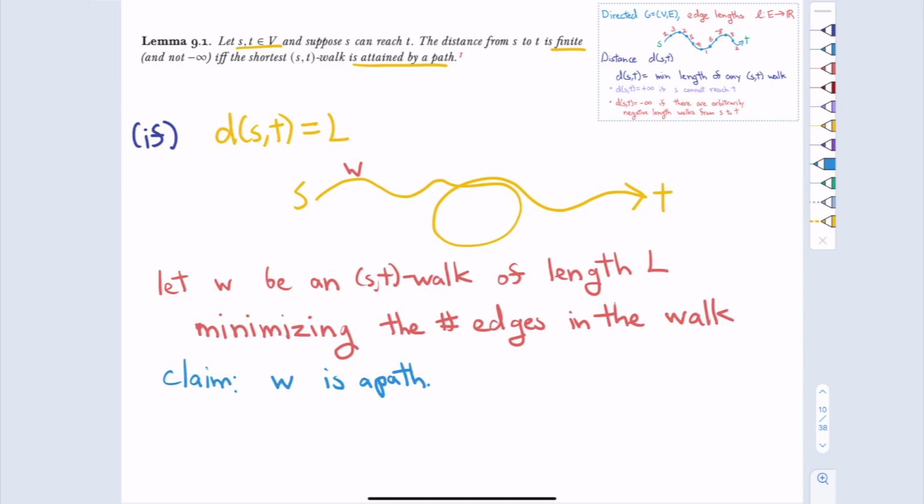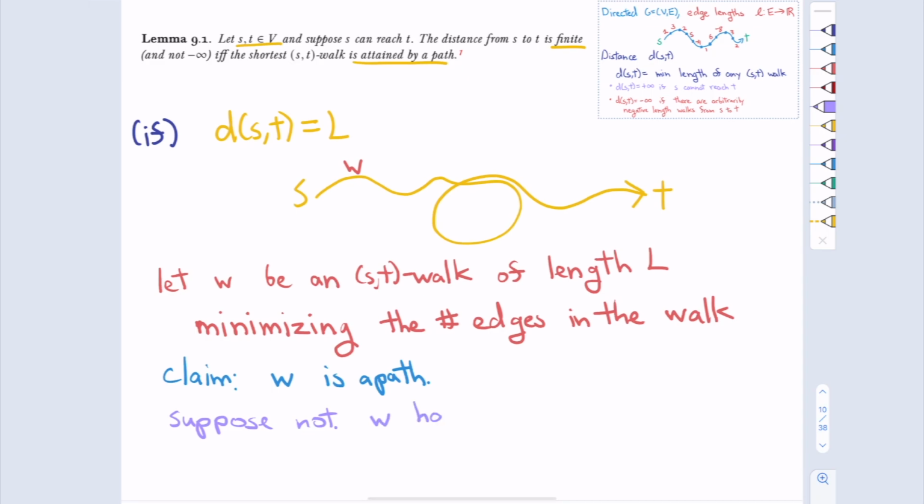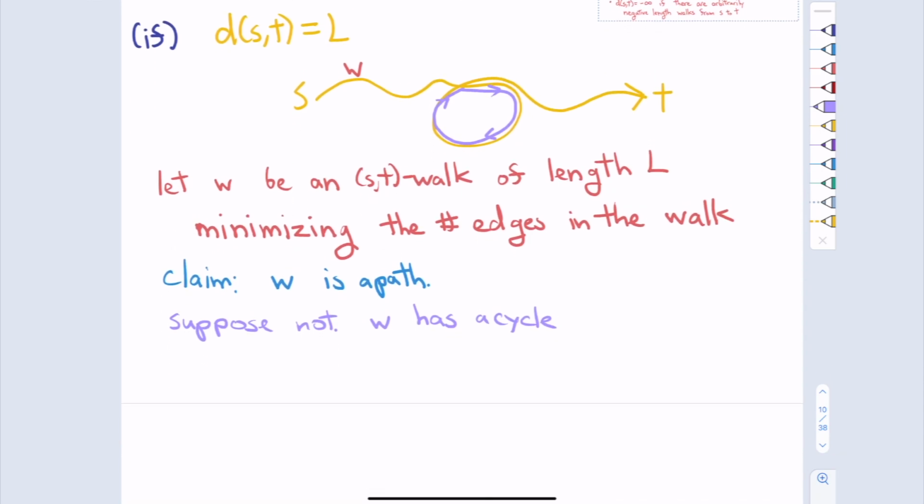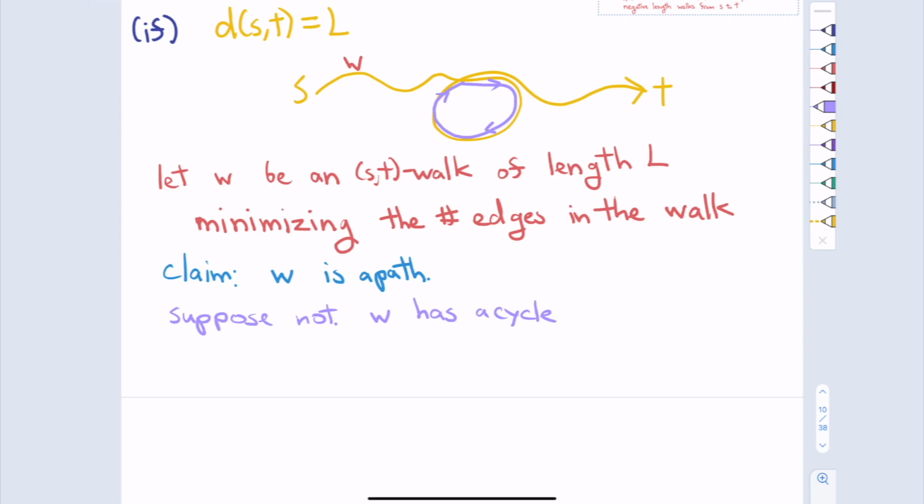Okay, so suppose not. That means W has a cycle. If I keep working off this picture here, here's maybe a cycle that's in W. Okay, so now we have two possibilities. Let me first set them up, and in each case we'll figure out the contradiction.